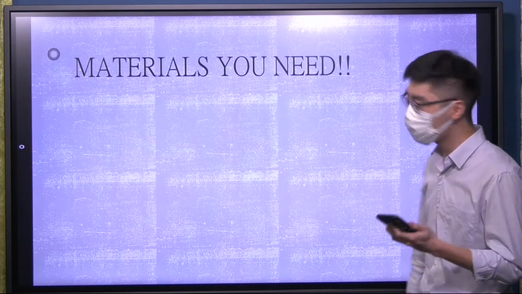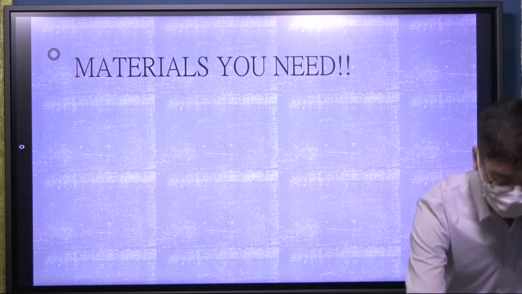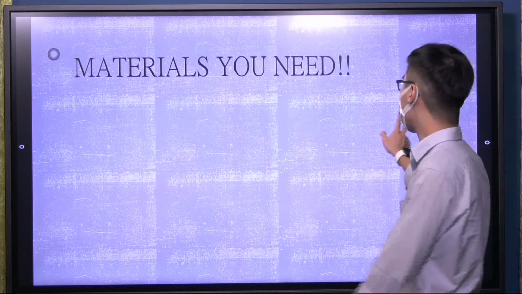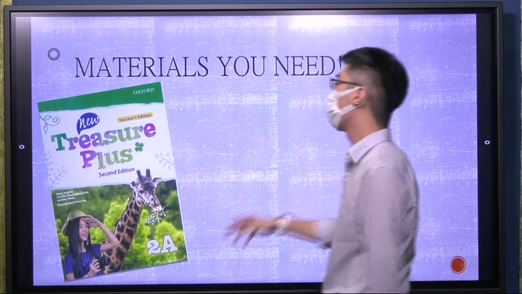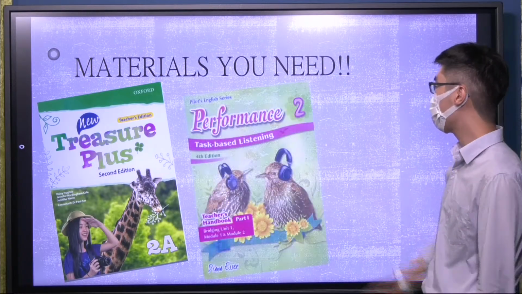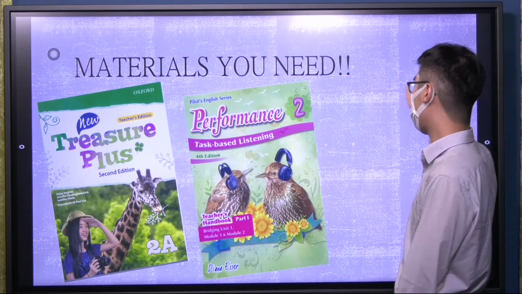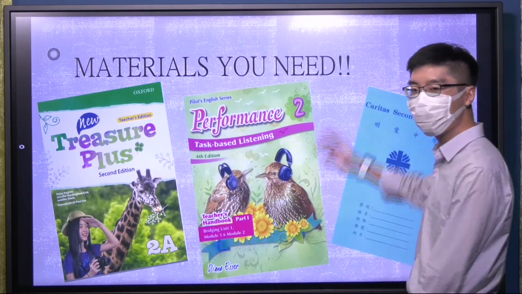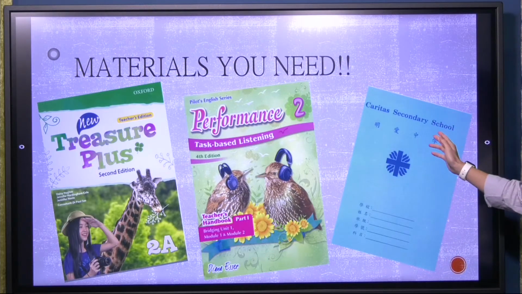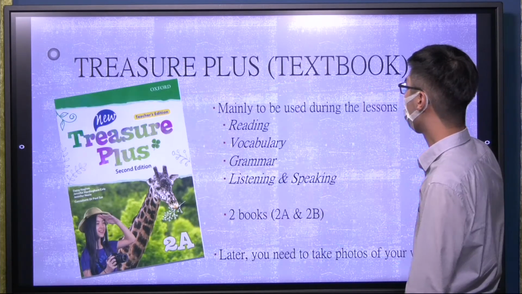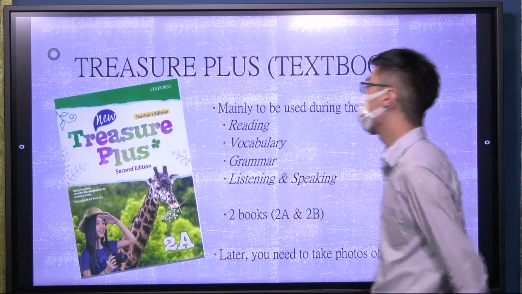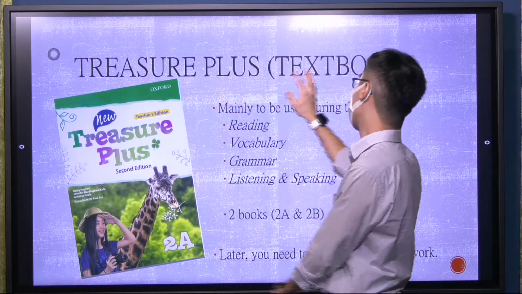And then for the materials, there are 3 important things that you need to prepare before the lesson. The first one is the Treasure Plus, your textbook. The second one is the Performance, the assignment book, and also very important, your notebook. I will explain one by one. First, the Treasure Plus, which means the textbook.